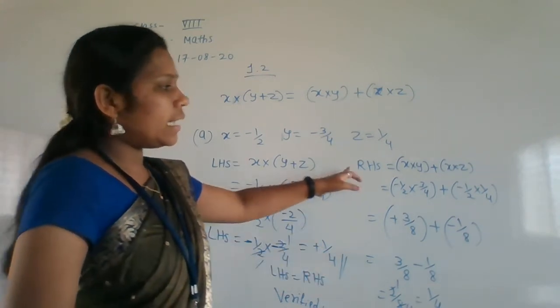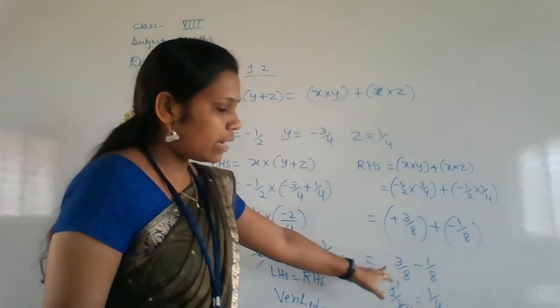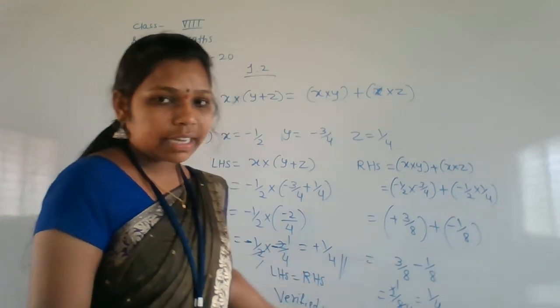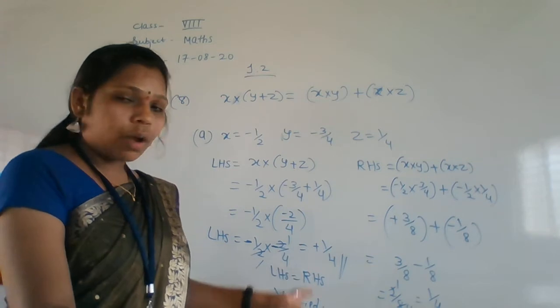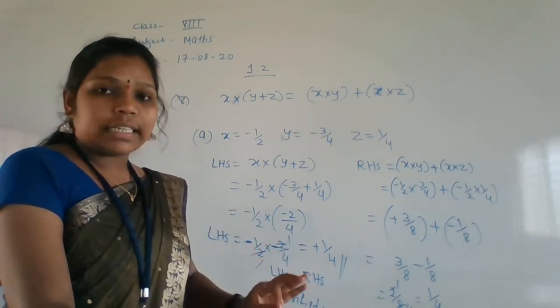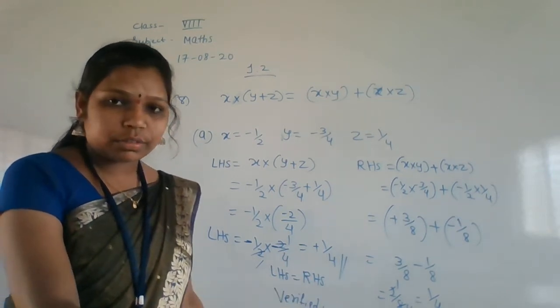And again take the RHS and put the values of x, y, z. After that you will get one value, and if RHS and LHS are equal, we can say it is verified and it holds good. If it is not equal, it is not satisfied. Okay. So I hope everyone understood this problem.